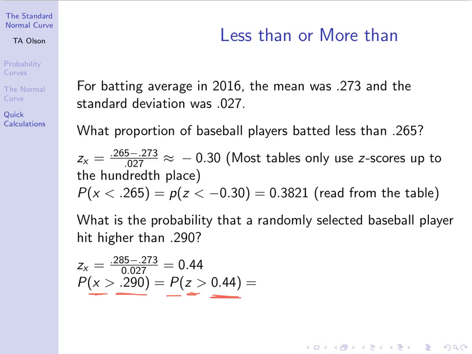Now, the tables give us the data less than, so we want to use 1 minus the probability that z is less than 0.44. And this we can get from the table or the calculator. So in this case, the probability that a z-score is less than 0.44 is a nice round number, 0.6700. Right, so 1 minus that is 0.3300. Right, so there's a 33% chance that a player hit higher than 290 based on this normal curve.